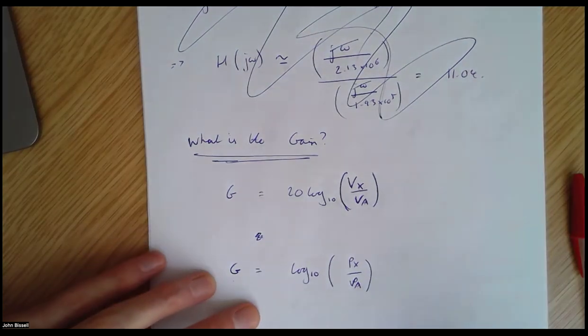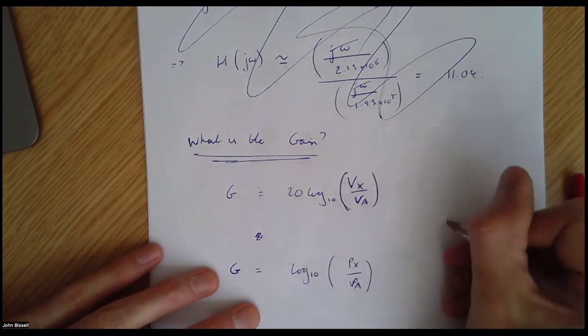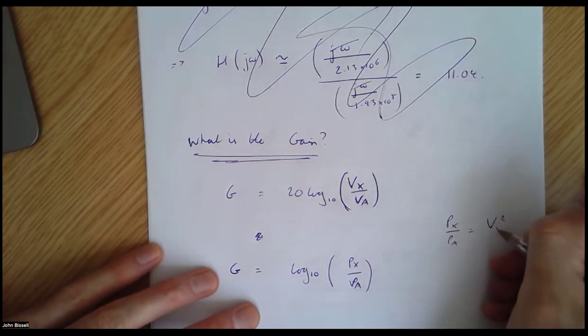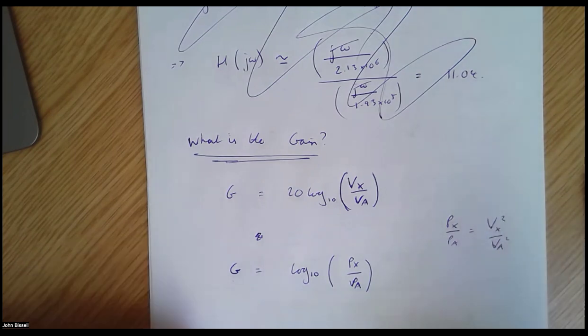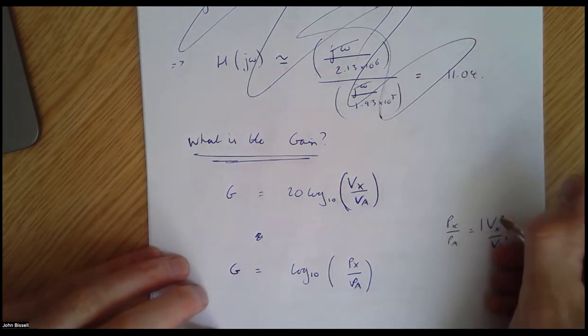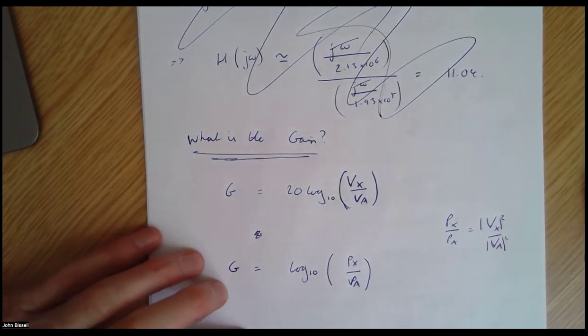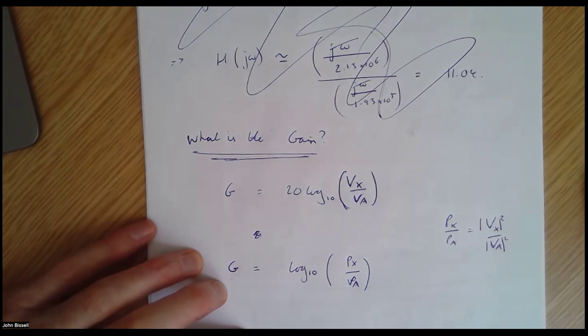Happy with that? The ratio of the output power to the input power is the same as the square of the ratio of the output voltage to the input voltage. Just to avoid any problems, we'll do the magnitude of the square, because it's complex, so we'll square the modulus.